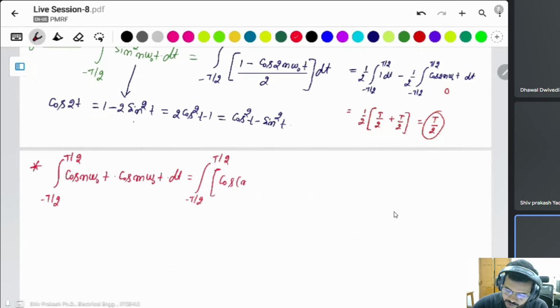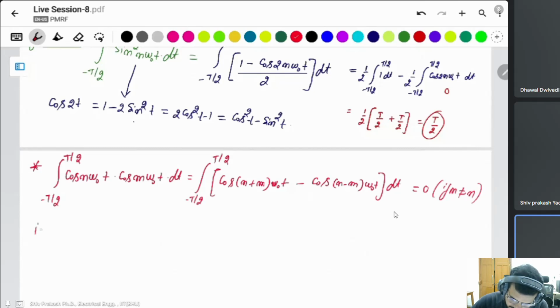This will be cos (n plus m) omega naught t minus cos (a plus b) minus cos (a minus b) like that. This will also be 0 if m is not equal to n.